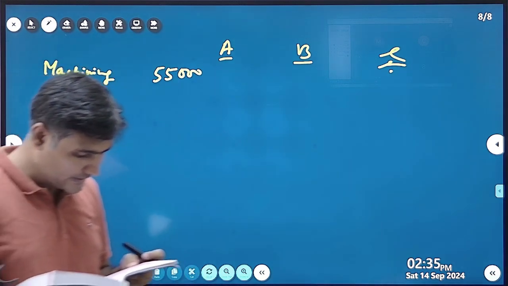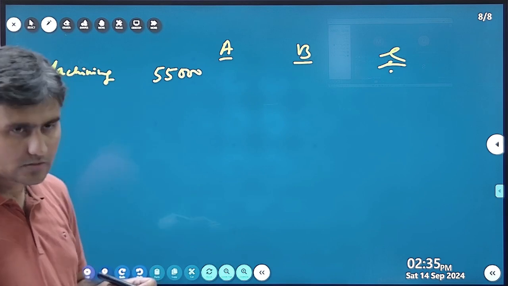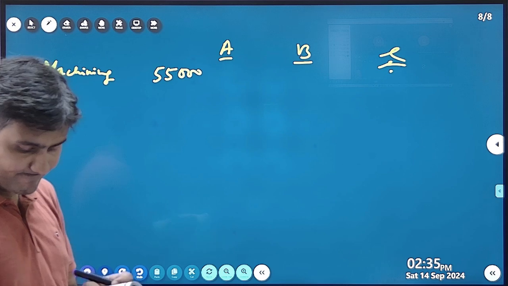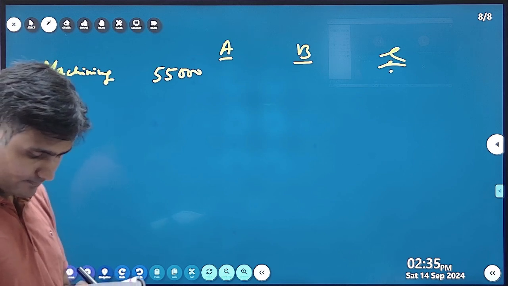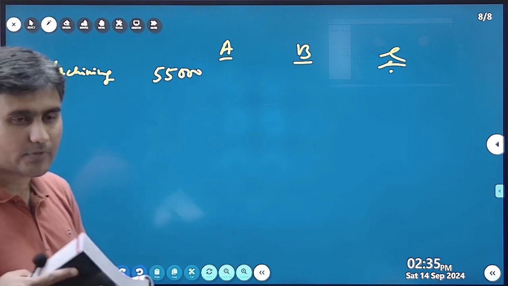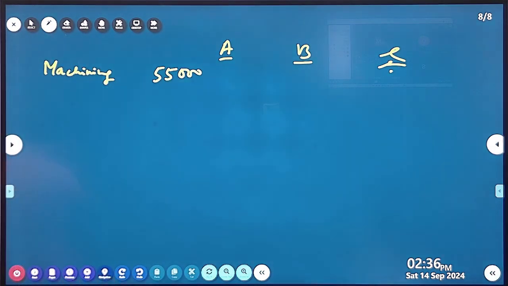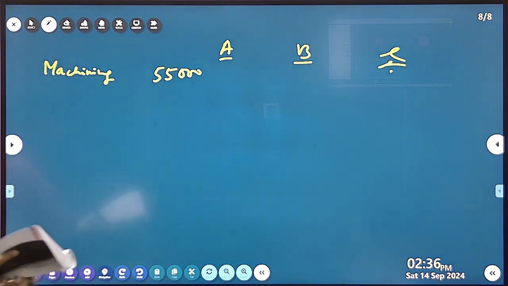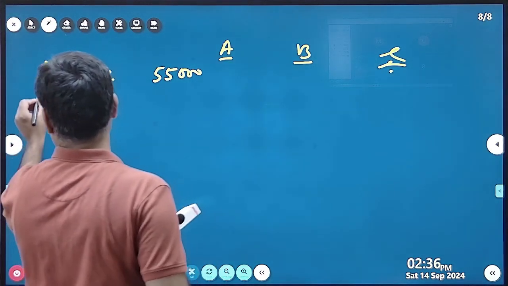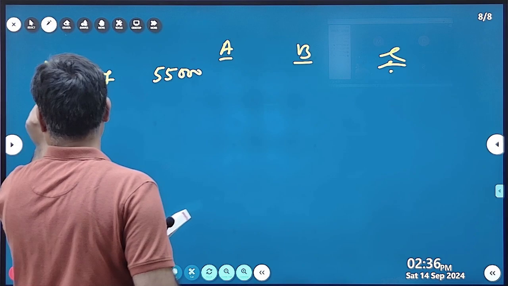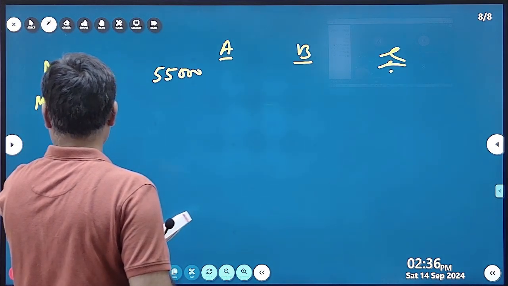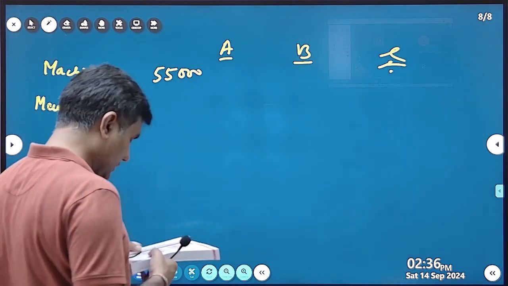The cost driver for machining is machine hours. How much machine hours total?